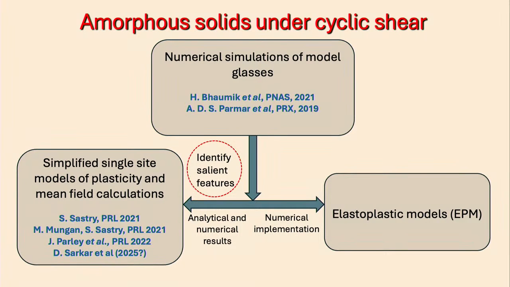So one set of such works has been looking at simplified, what I call single site models of plasticity, and what that means will come up in a minute, and then the corresponding mean field theory to understand yielding and failure.